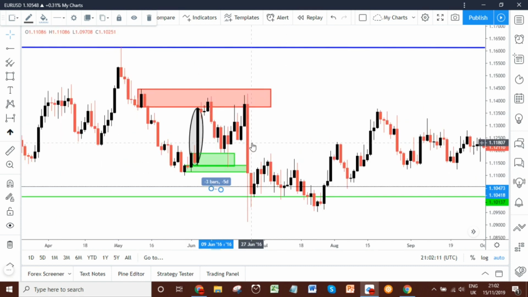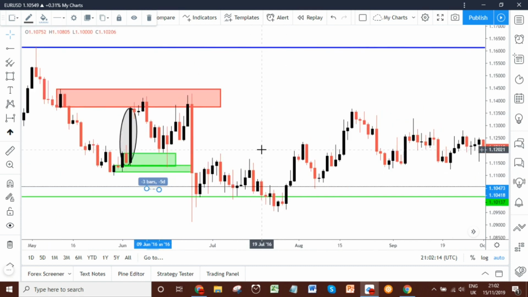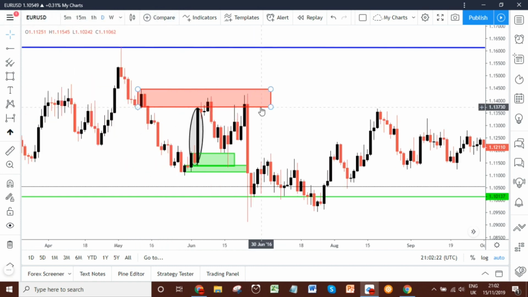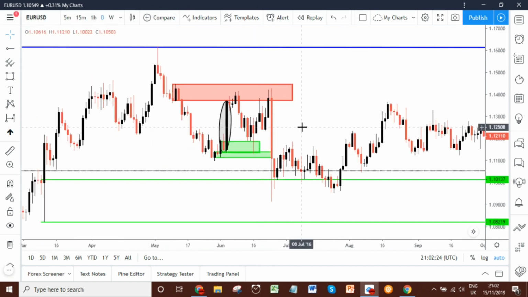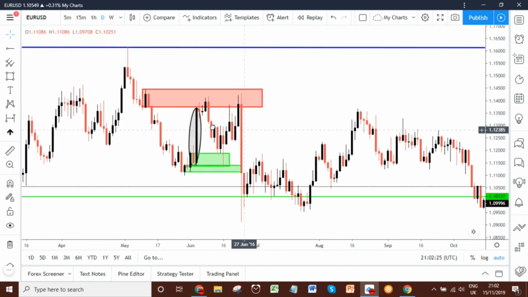Because we're trading from zone to zone, okay? So that would have been an amazing trade once that came into that zone. So let's just keep on moving now and see what happens.